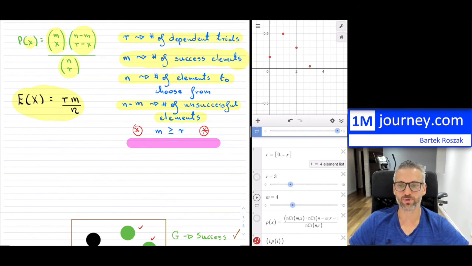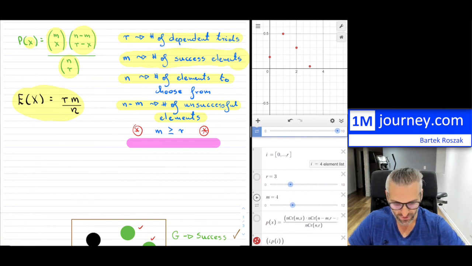Well, m is the number of successes. R can certainly be bigger than m. The only problem is if you're going to be choosing, let's say, 5 balls or 6 balls, well, it's impossible to get 5 green balls, right? So those probabilities are going to just be 0. And you would see that within here.